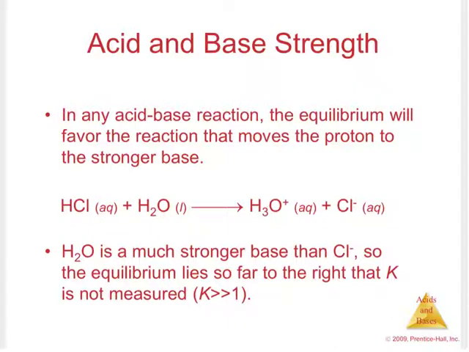And since we know that the chloride ion is the conjugate base of a strong acid, it's then a very weak base. And so water is a much stronger base than the chloride ion. And so this reaction is going to go fully toward the product side. So far, in fact, that if we calculated a value for K, the number would be huge because at equilibrium, there really isn't an equilibrium because it goes all the way toward the product side.